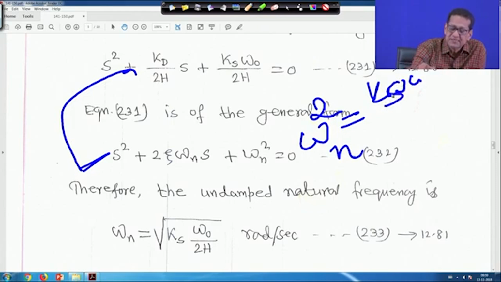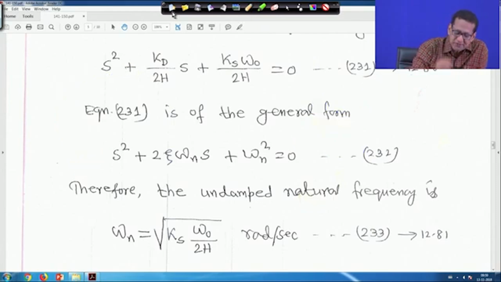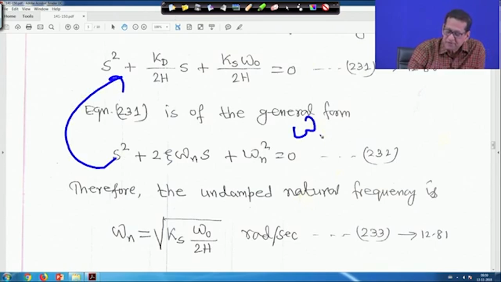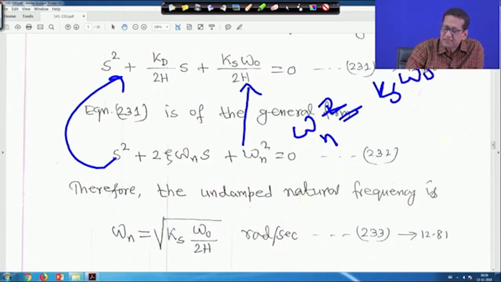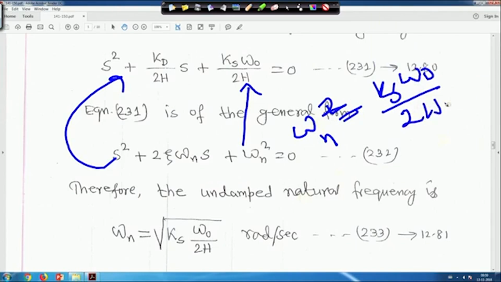These two equations are analogous to each other. Therefore, omega n square is equal to K s omega 0 by 2 H. Therefore, omega n is equal to root over K s omega 0 upon 2 H, in radian per second. This is equation 233, for my own reference. So, this is omega n in radian per second.